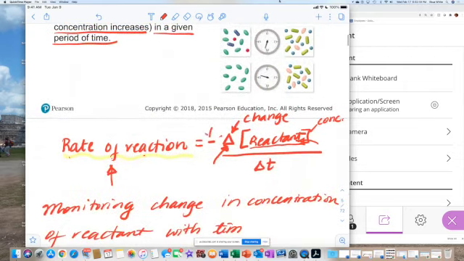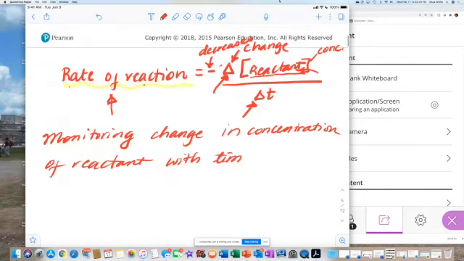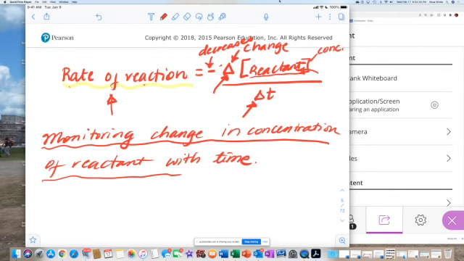It's decreasing. So in this one equation, a lot of stuff is being communicated, right? It is decreasing, and it's decreasing according to a change in time. So this equation communicates the definition of the rate of the reaction when you're tracking the reactant. Remember, we figure out the rate by monitoring the change in concentration of the reactant with time.